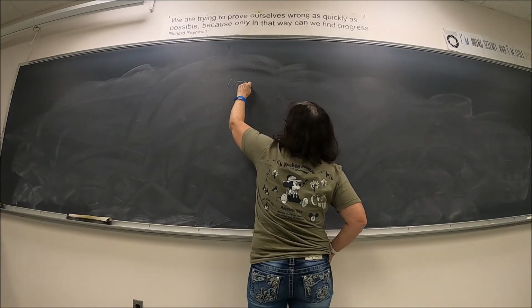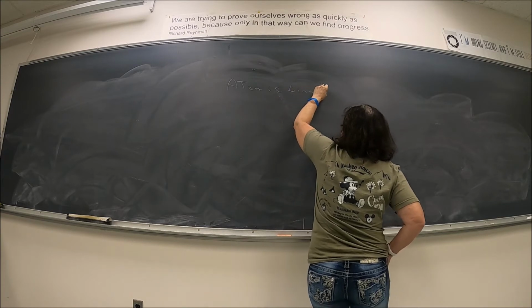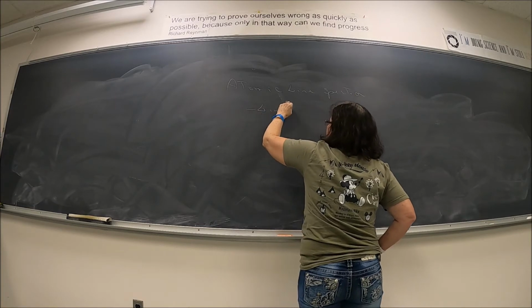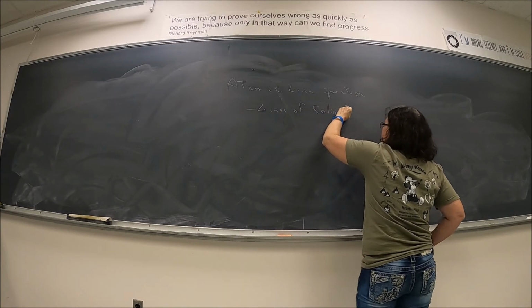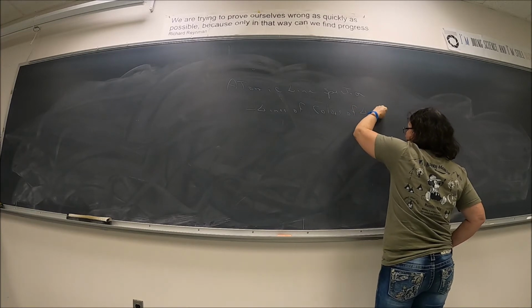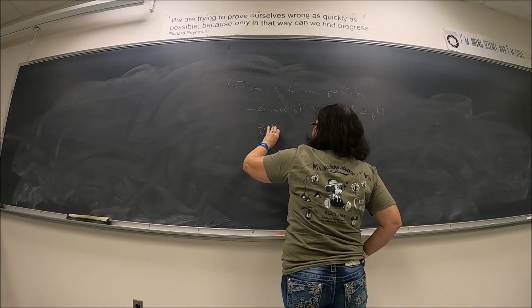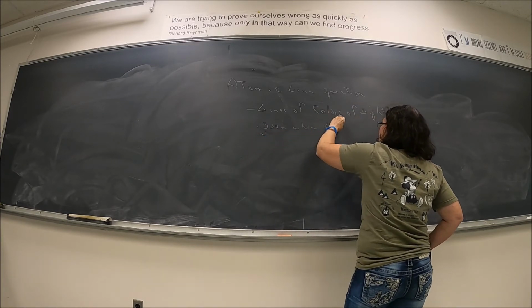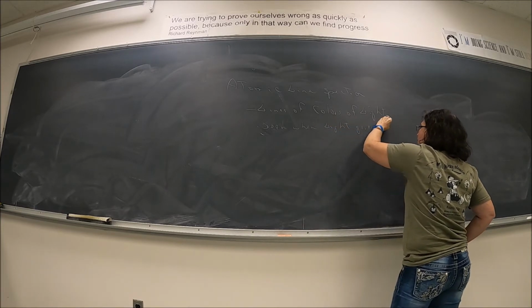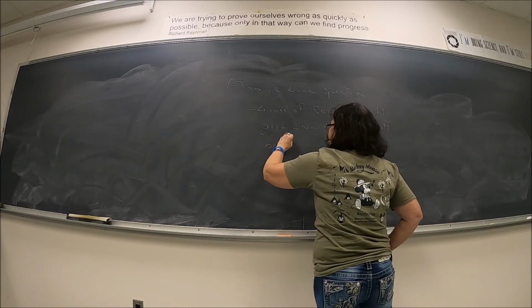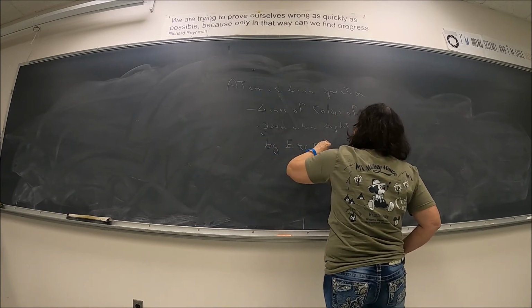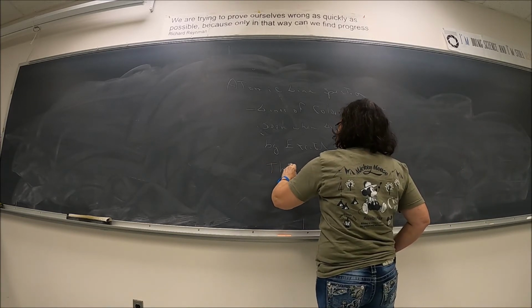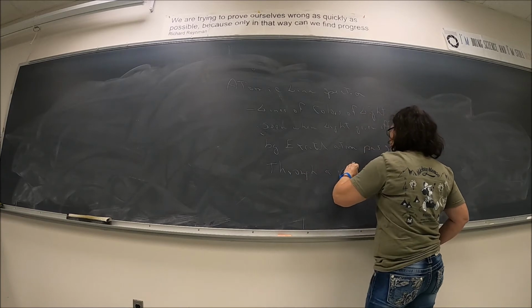Atomic line spectra are lines of colors of light seen when light given off by excited atoms pass through a prism.